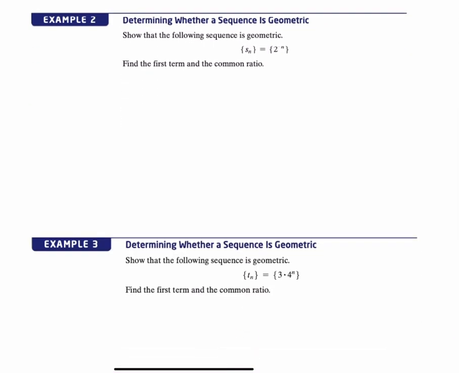So in example 2, we have s sub n defined as 2 to the power of negative n. So let's find the first term and the common ratio. So s sub 1, our first term, just plug in 1. So 2 to the minus 1 power will give us 1/2. That will be our first term.